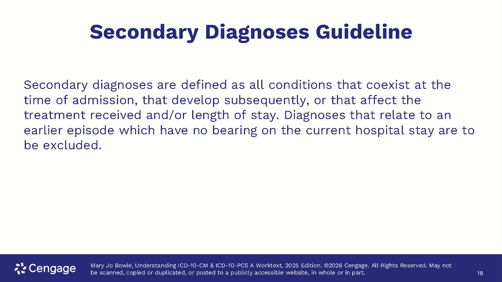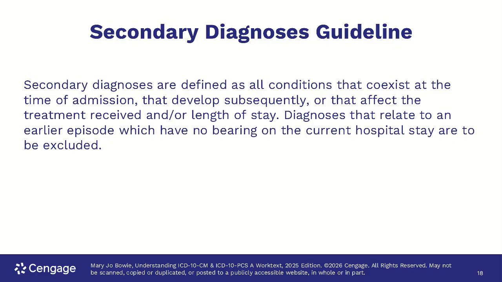All right, a couple more things here and we'll be wrapping up. I already talked about section 3 of the guidelines, which relates to secondary diagnoses or other conditions. These are conditions that coexist at the time of admission, known as comorbidities, or things that develop subsequently, complications.